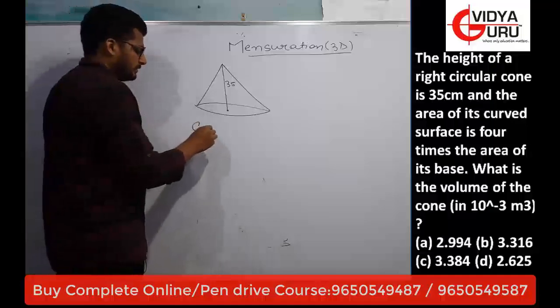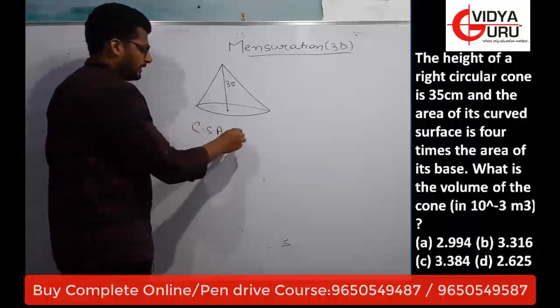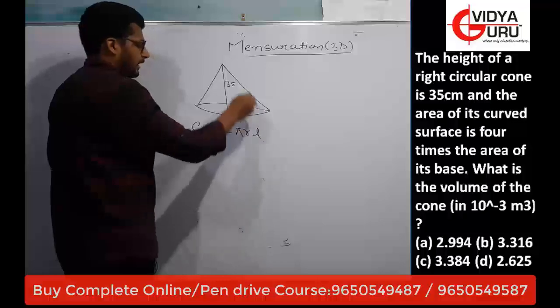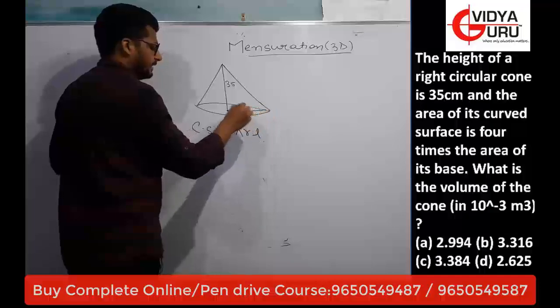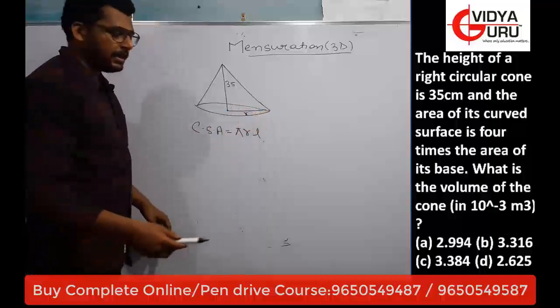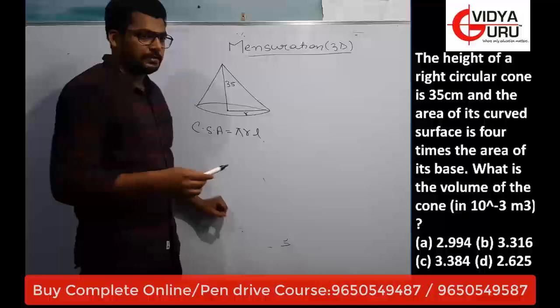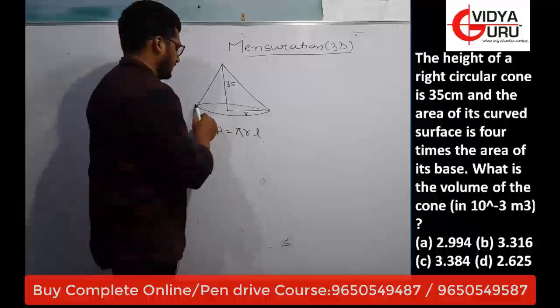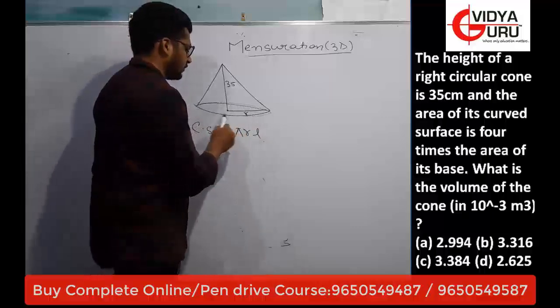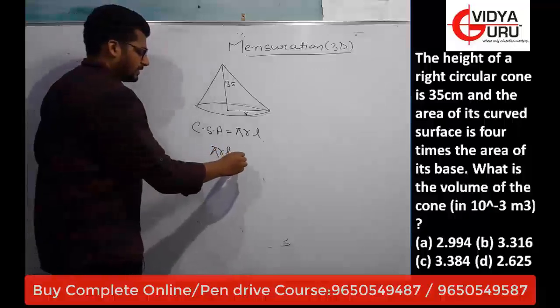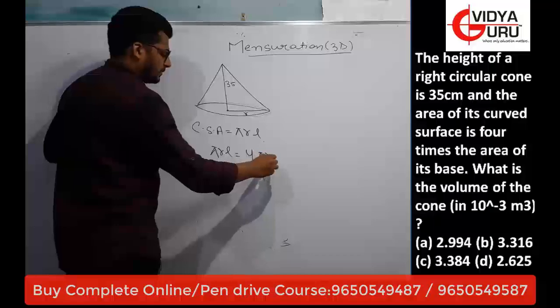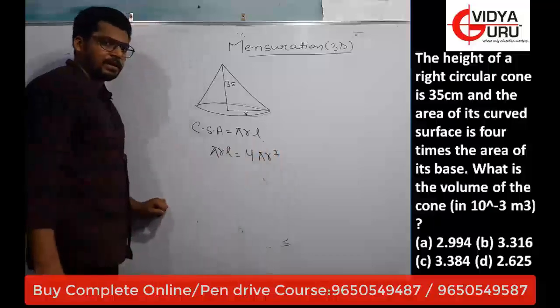What is the curved surface area of a cone? It is pi r l, where l is the slant height. This is the height and this is the radius. The area of its curved surface is 4 times the area of its base. The base is a circle, and its area is pi r square.